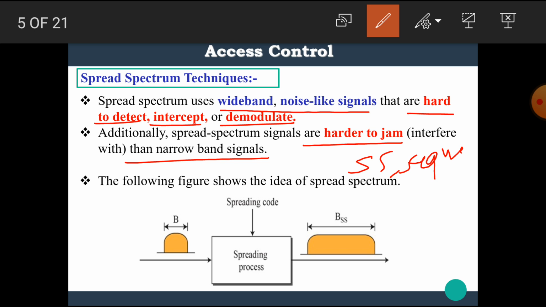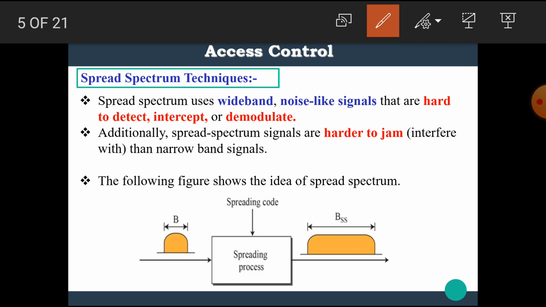In military applications, the information signal is very secure and of the highest priority. This information should not be acquired by the enemy. For that purpose, this information requires the highest security, and this is given by spread spectrum techniques.